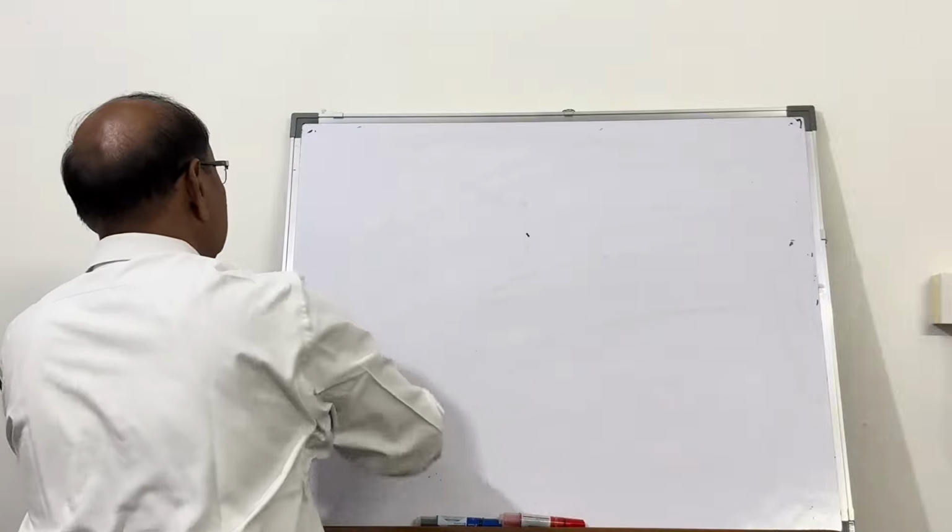So initial void ratio is known to you, and the pre-consolidation pressure or stress, that is called sigma c prime, is given to you here.